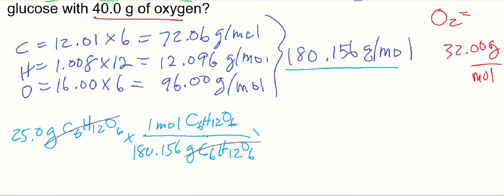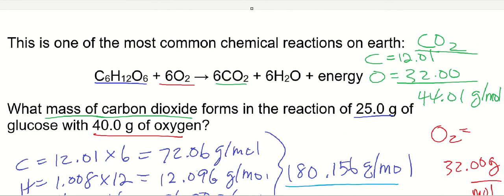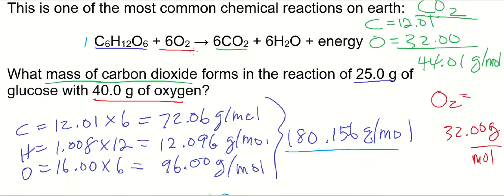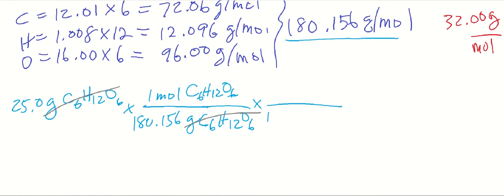Now let's turn that into carbon dioxide using the mole ratio. There's 1 mole of glucose to every 6 moles of carbon dioxide. So 1 mole of glucose to 6 moles of carbon dioxide. Cancel out those units.